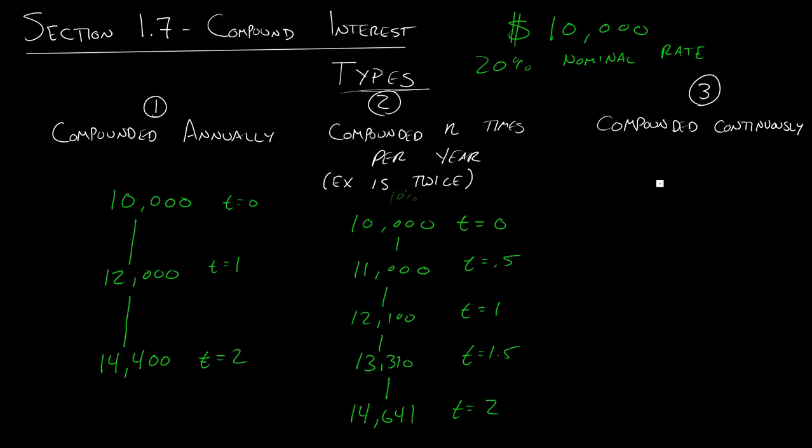The final example is one where they're giving me money not just twice a year. You could think about, well, maybe there's a bank that does this 10 times a year, right? And they'd give you 2% of your interest each time. Maybe there's a bank that does it 100 times per year, and they give you 0.2% of their interest each time. Compounded continuously is, it's not even 100, it's not 1,000. They're giving you interest infinitely many times a year.